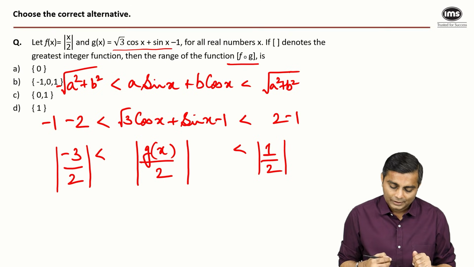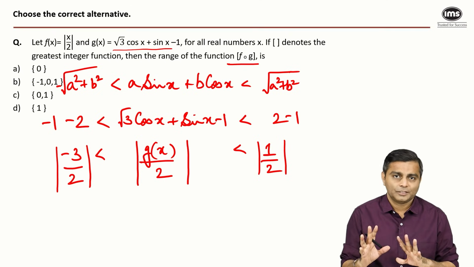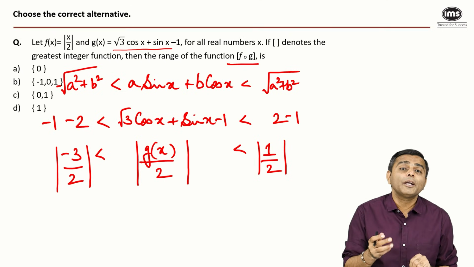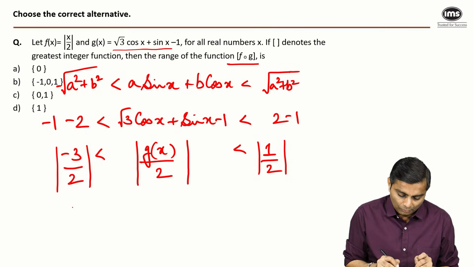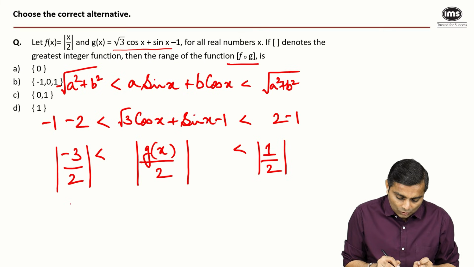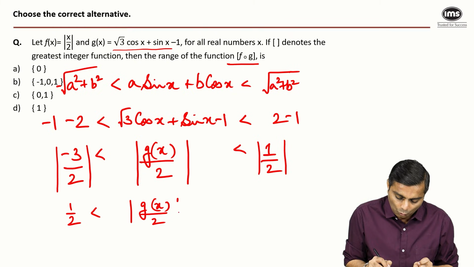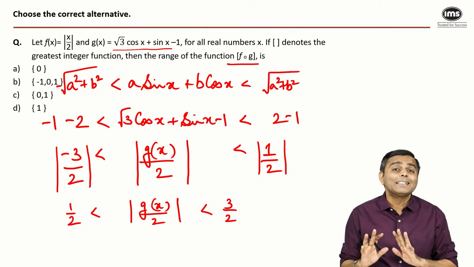Now suddenly what happens? Positive half stays positive half. Minus 3 by 2's mod becomes 3 by 2, which is 1.5. 1.5 is the bigger number, 0.5 is the smaller number, so it will exactly reverse. So half less than mod of g of x by 2 less than 3 by 2. That is what we are getting.